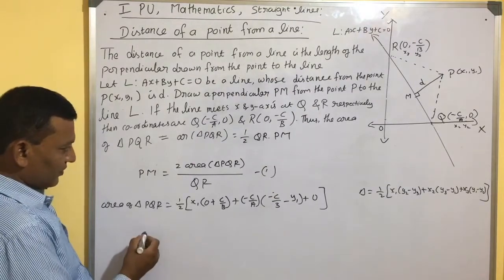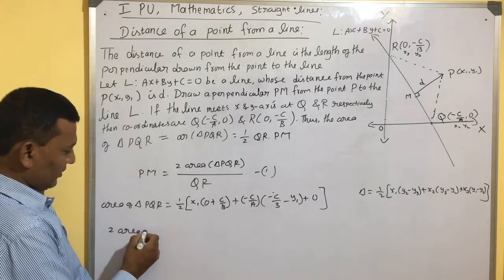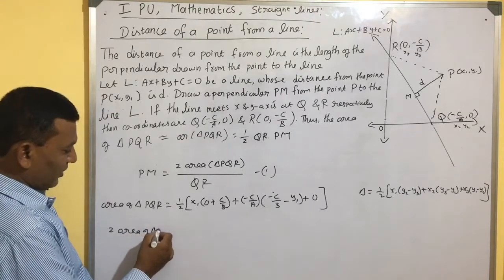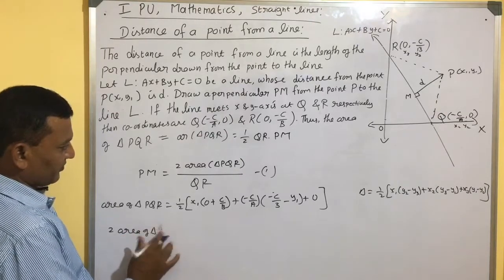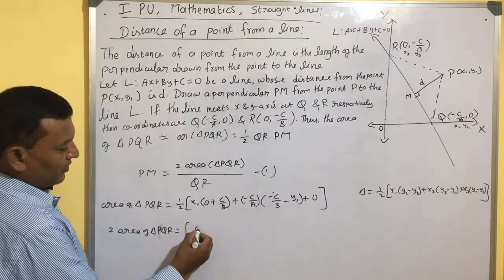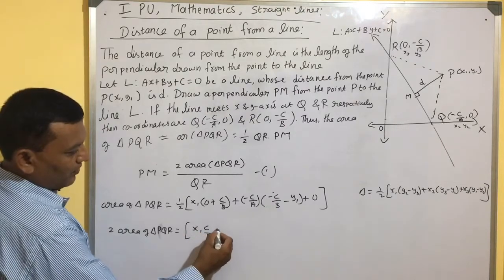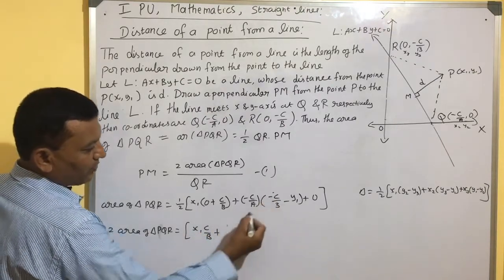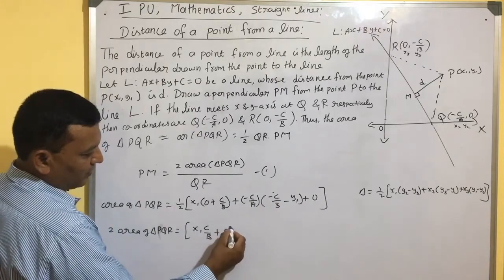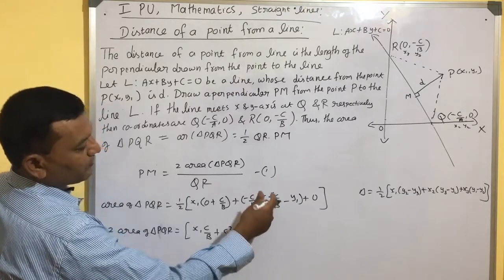Now this is equal to 2 times area of triangle PQR is equal to x1 into c by b plus, this is minus into minus becomes plus c square by b, okay.